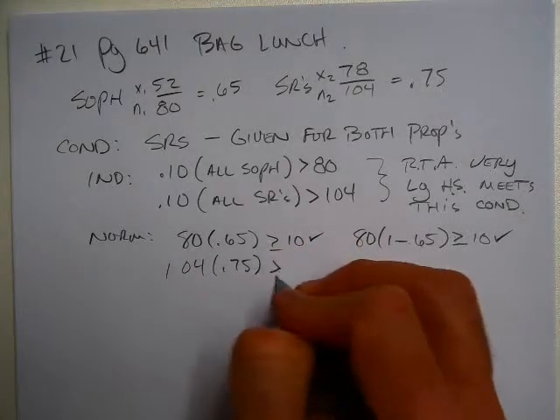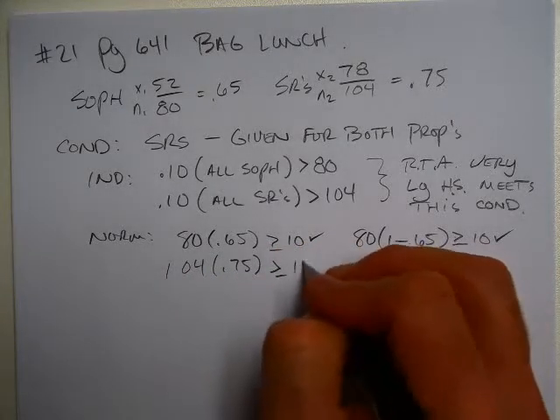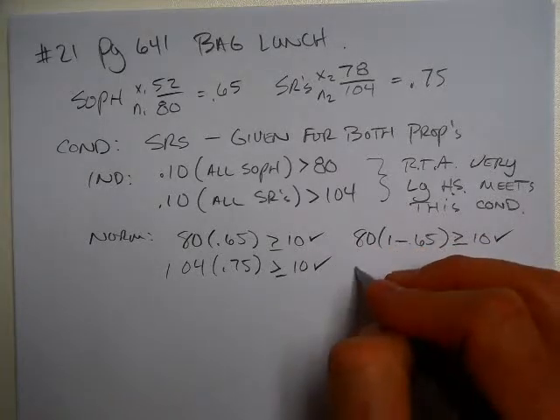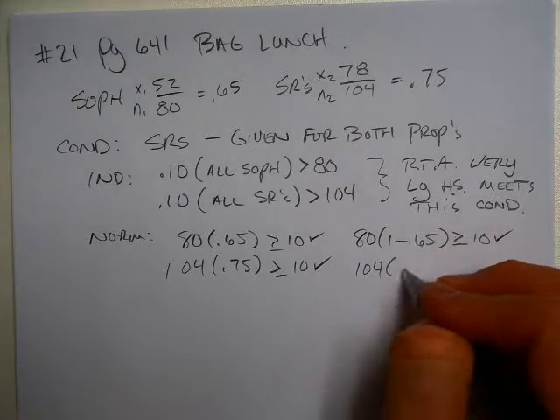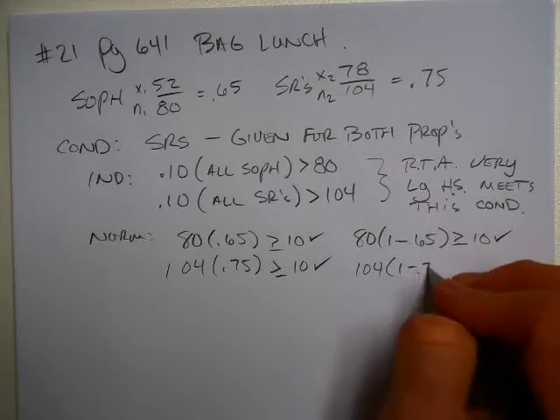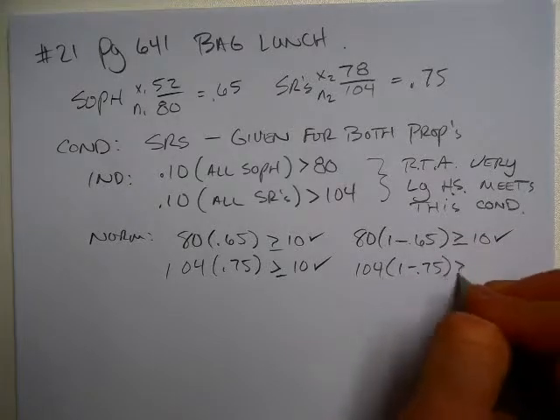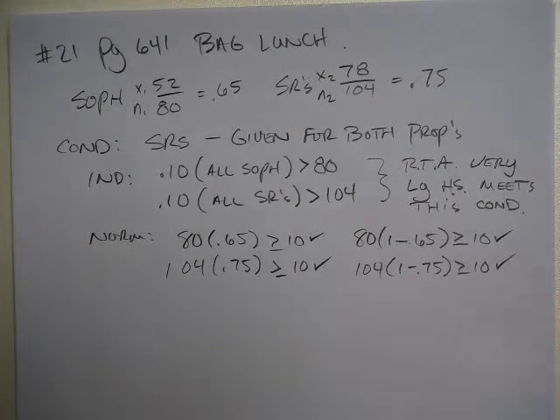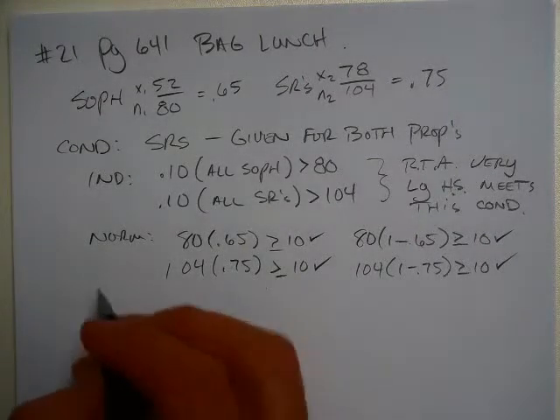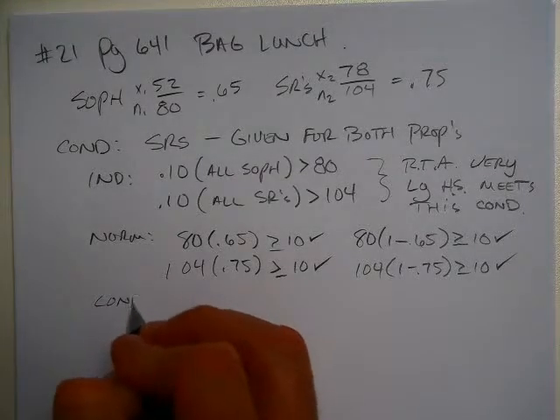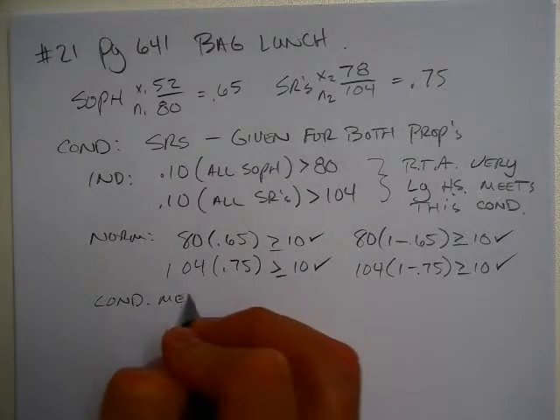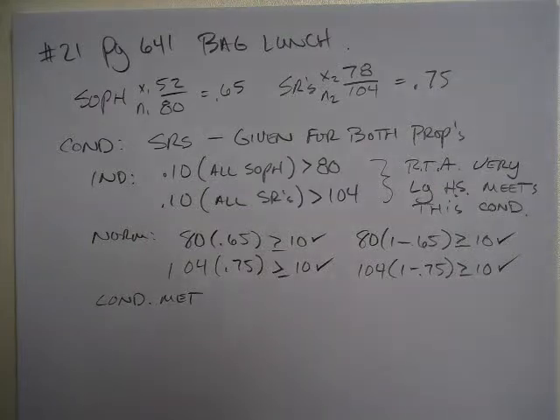Yeah, we're good there. 75% of 104, definitely bigger than 10. 104 times 25%, also greater than or equal to 10. So we've met our conditions. So we are normal. Conditions met. Okay.